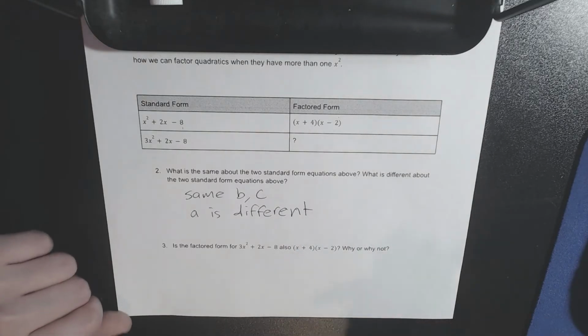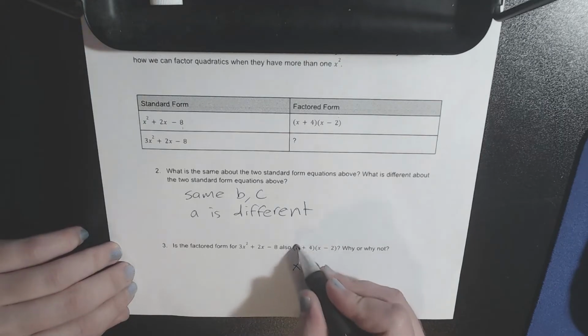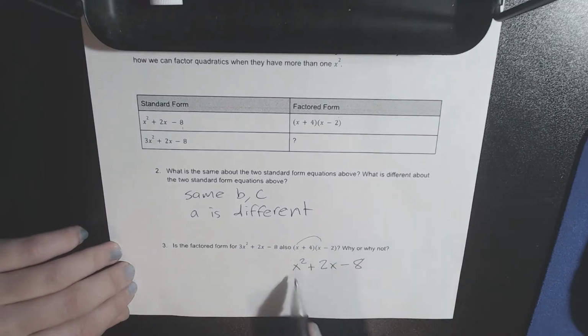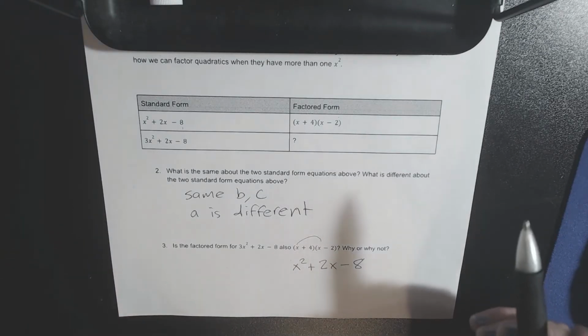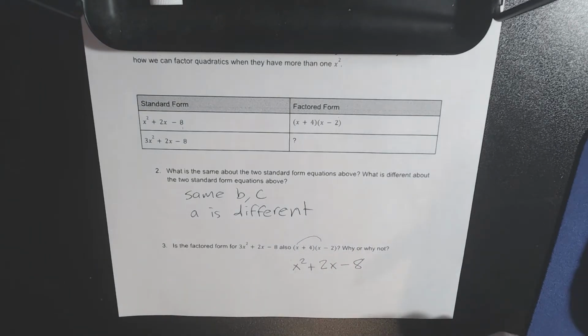Because when you distribute it out, you're going to get that original one, the x squared plus the 2x minus 8, not the 3x squared. Okay, so we can't use the exact same process as we used before for this 3x squared plus 2x minus 8. It doesn't give us the 3x squared like we need it to, okay? So we'll go ahead and start a new page. Let's see how we would actually do this.